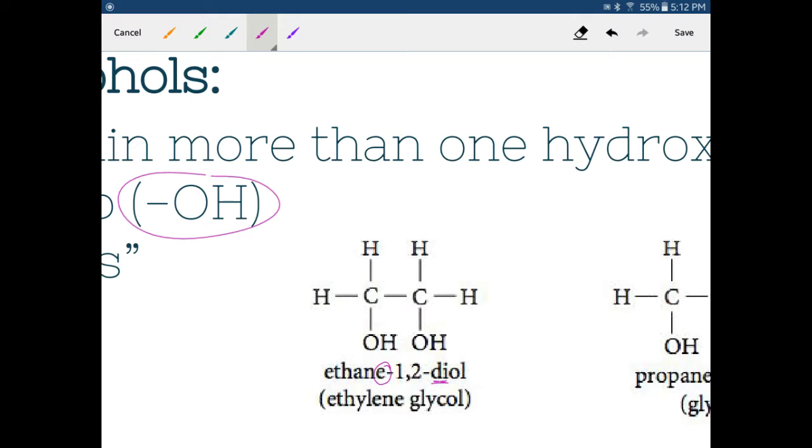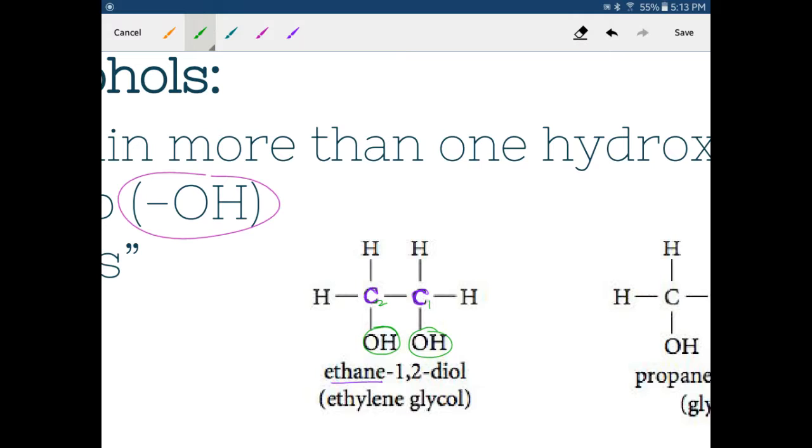So if I look at my example here, I'm just going to erase what I just drew on there. Same thing goes. We start with our parent chain. We see that our parent chain has 2 carbons, which means that it's ethane. So in this case, I can write ethane, and I have 2 hydroxyl groups coming off of my first and second carbon.